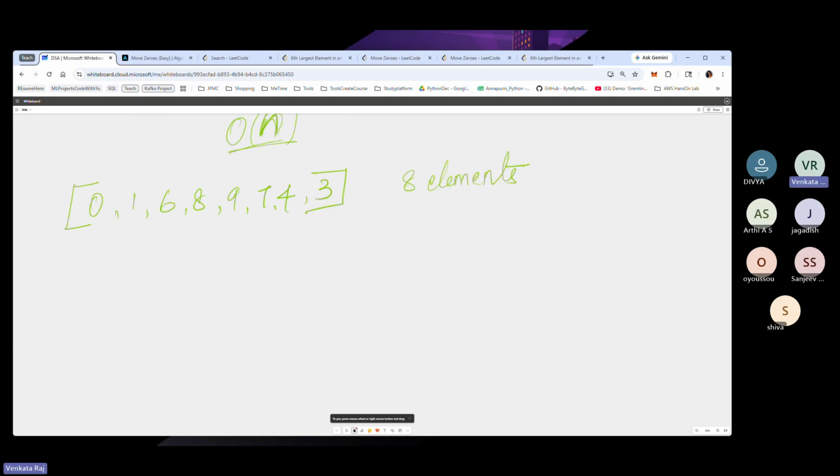So the main idea here is to pick a pivot. A pivot means you have to choose one particular element. The pivot will always be the first element, the last element or the middle element.